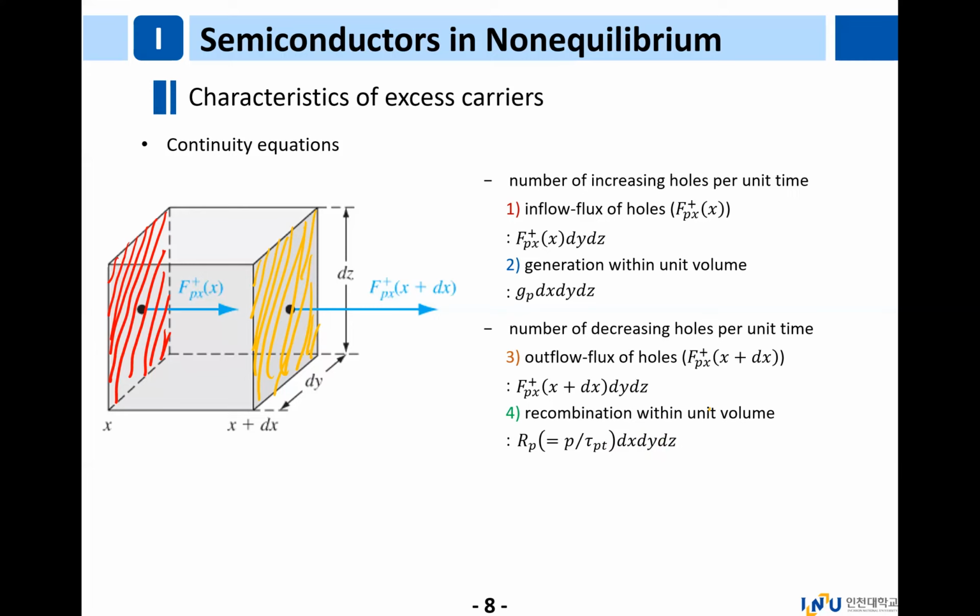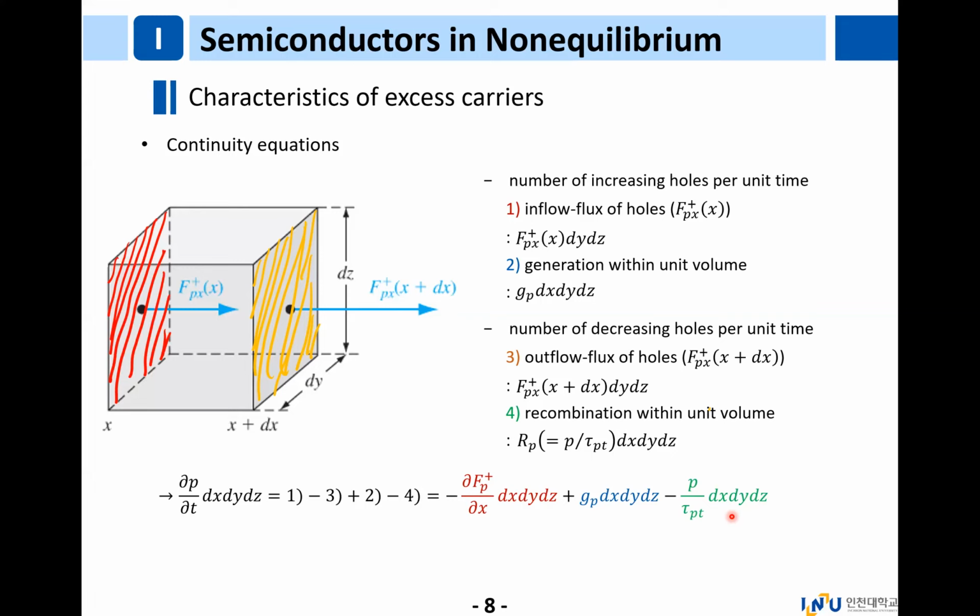In summary, the net increase in the number of holes per unit time within the unit volume can be expressed as the product of the rate of change of the hole concentration per unit time and the volume.